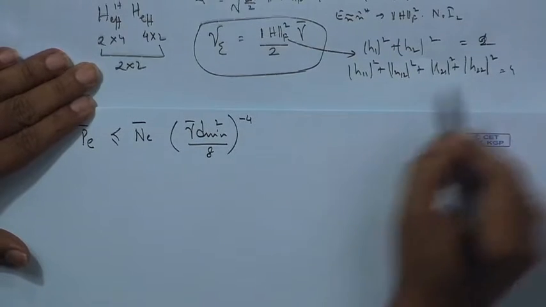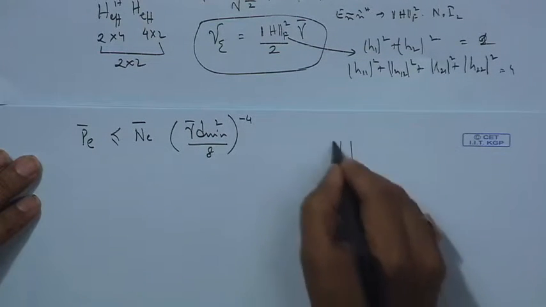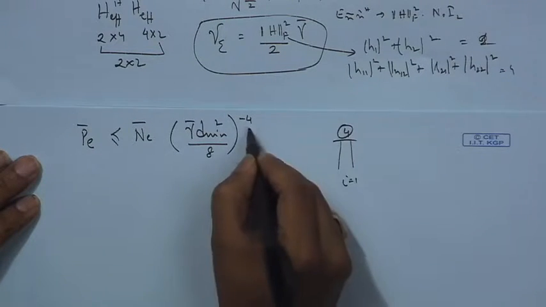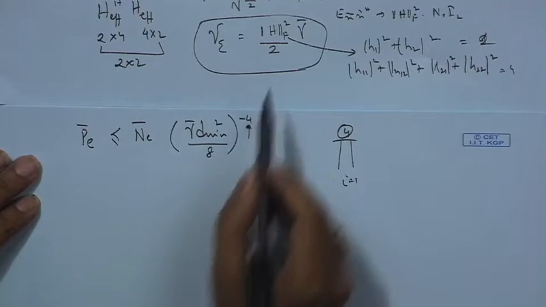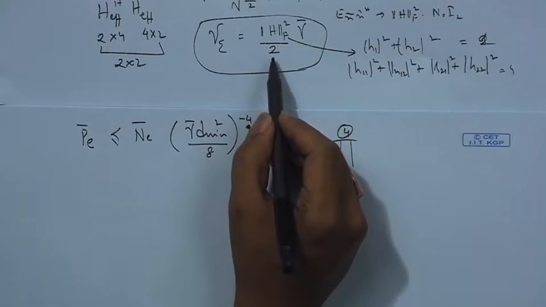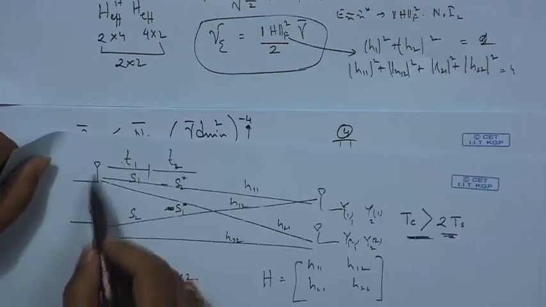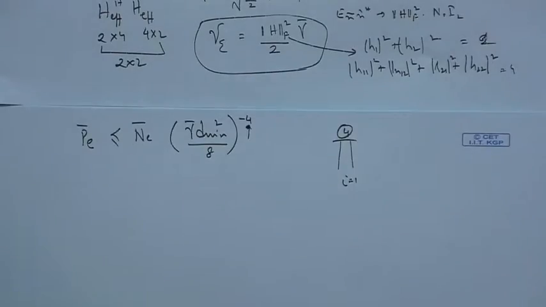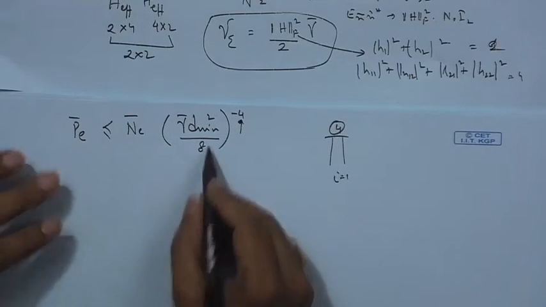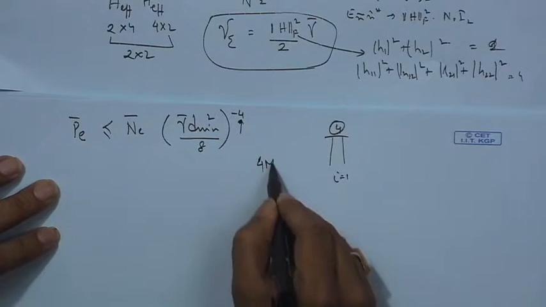So there are 4 entries in it, and the product index i equals 1 to MtMr, or 1 to M. In this case it was 4, so that gives us this 4 over here. This 2 is the value of M, because we have two transmit antennas, because of which we had ES by 2. So this is because of the diversity that we are getting, and that 2 is leading to this 4, because we had 4m. M is the number of transmit antennas in that case, so that is leading to 8.